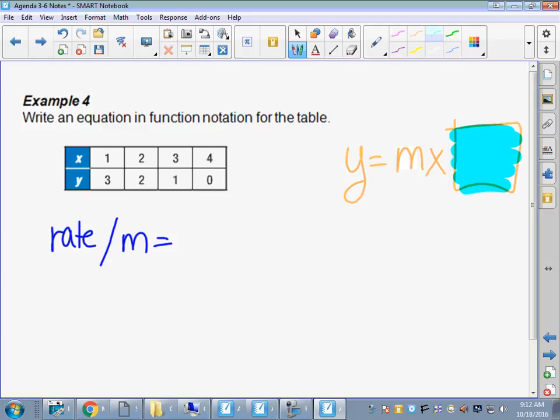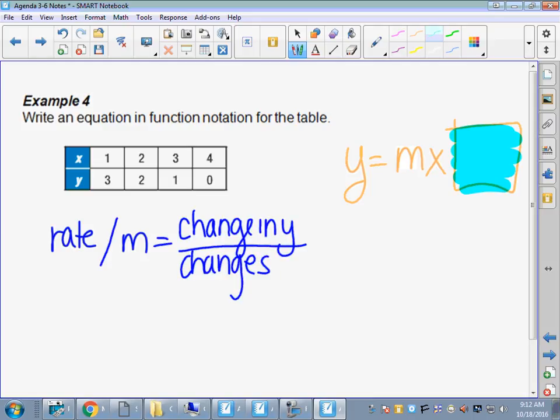So it's going to be our change in y over change in x. Remember our rise over run. So how are our y's changing? What's our pattern? We keep looking for patterns. We're going to subtract 1.